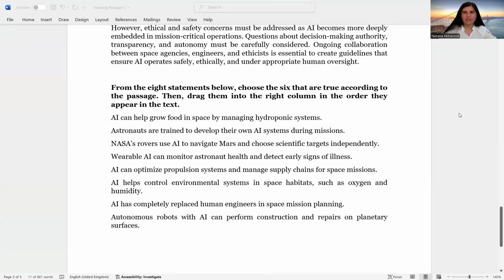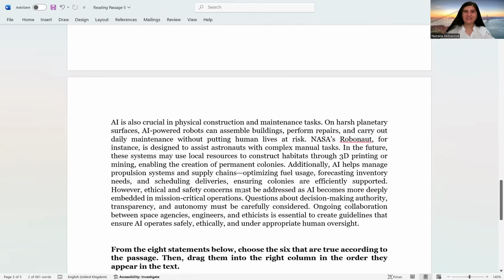It will not change. Hydro means water, so something related to water. If you see hydroponic systems in the text, you will read that paragraph, but don't just match hydroponic to hydroponic. Please don't do it. Just read the sentence in the text.